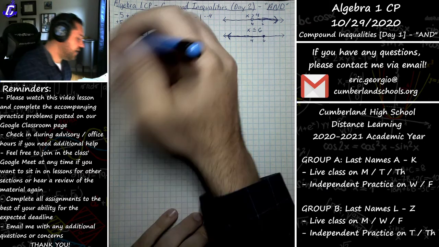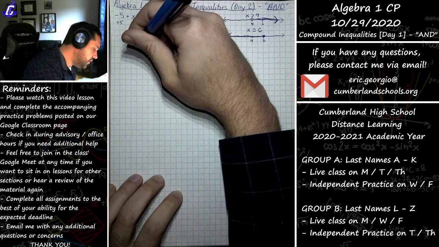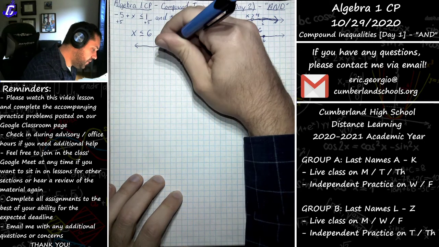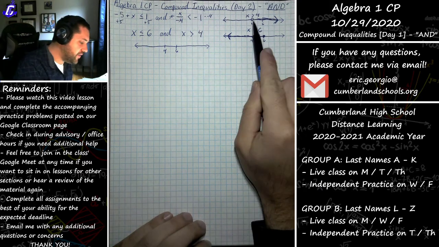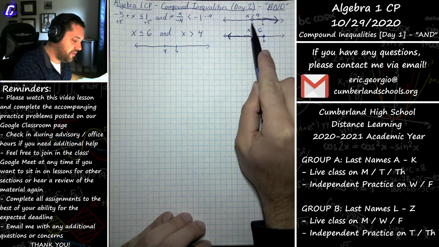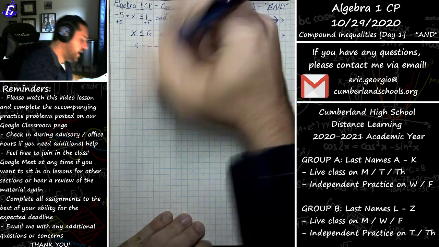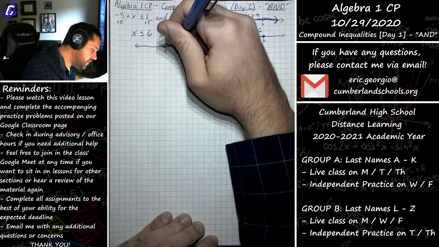Okay? So that's exactly what we would say here. Our real graph of this, x is less than or equal to 6 and x is greater than 4, would look kind of like this. Suppose this is 4, and this would be 6. It would be all the values that are in between the shading here, from 4 to 6. I would have my closed point at 6, I'd have my open point at 4, and I would shade in the stuff in between.